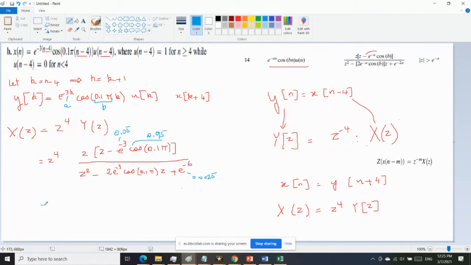You can compute everything normally. Z to the power of 5.